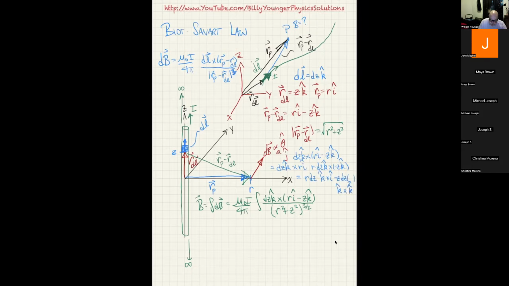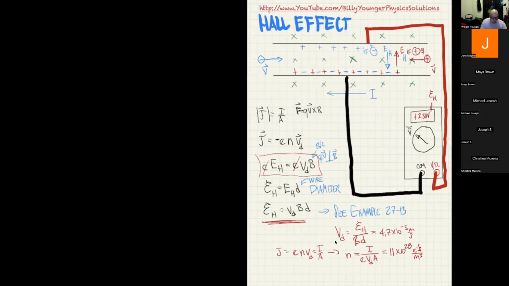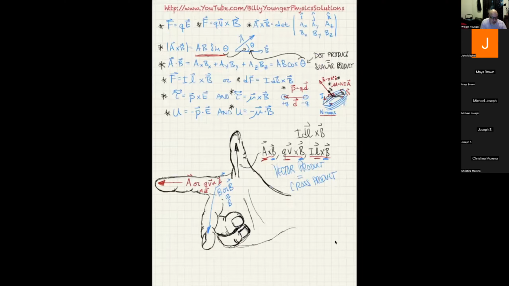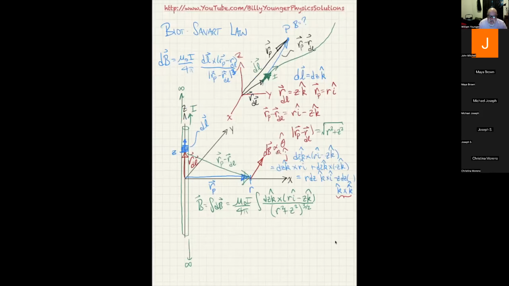Anybody know what k hat cross k hat is? It might help to look at this formula. What is k hat cross k hat? Would it be 0?